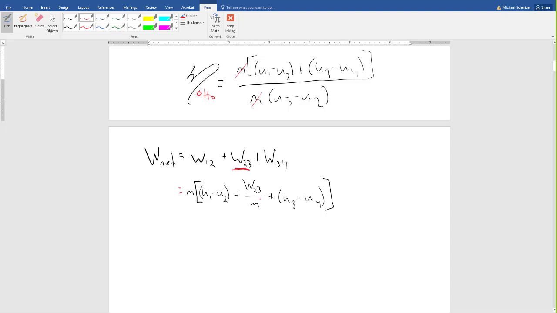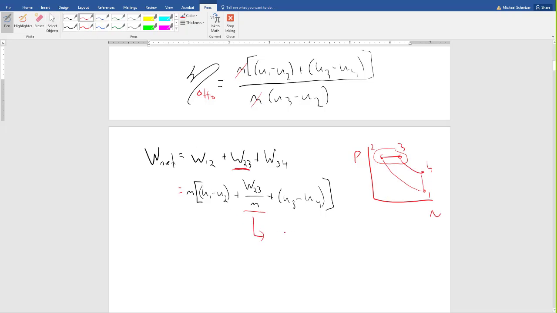So the thing about the diesel cycle is, how do I go about finding this work from state 2 to state 3? Remember our PV diagram, state 1, state 2, state 3, state 4. So it's this one. How do we find the work here?